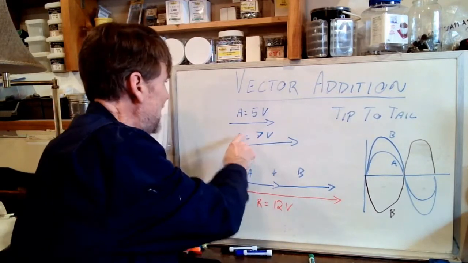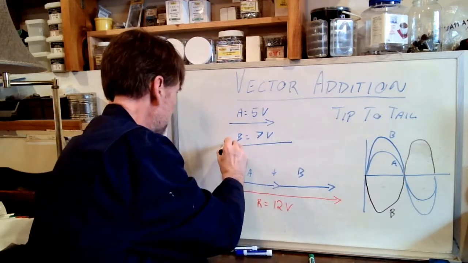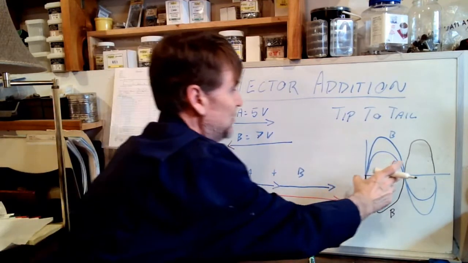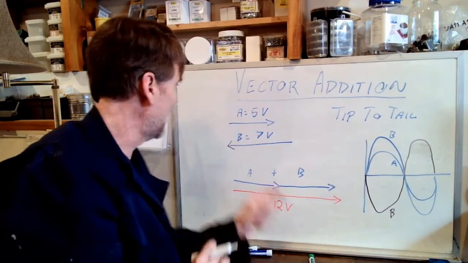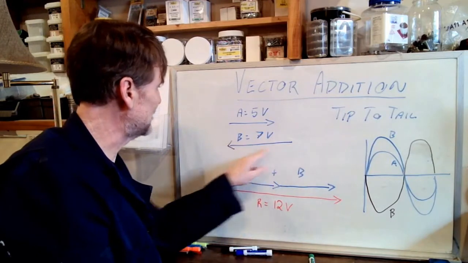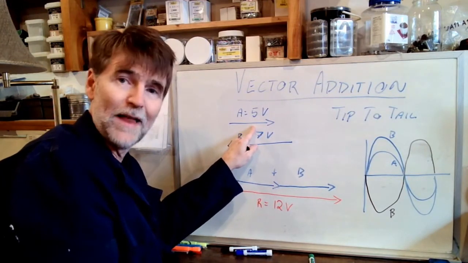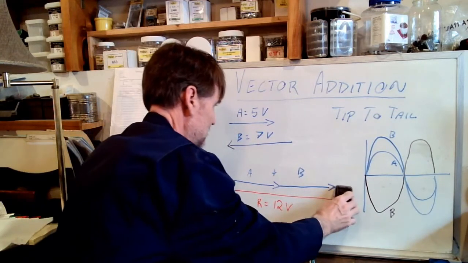Now vector B is going to be drawn like that. These two voltages are out of phase by 180 degrees, and so vector B has to be drawn in exactly the opposite direction. Well, how do we add them up? No problem. Place them tip to tail.